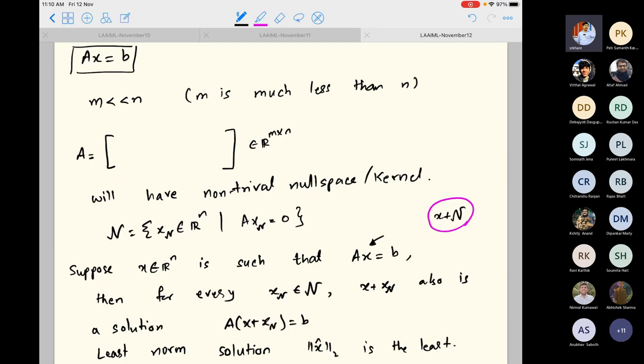But in many real life applications, what really happens is that the solution x that you seek may be required to be a sparse solution. Okay, you want as many zero entries as possible in this solution x. So that is the objective.